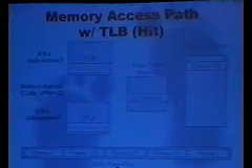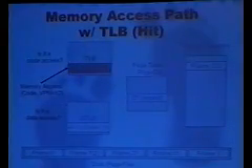So this is just a little animation that shows the memory access path with a TLB. And I show the split memory access path like the Intel architecture has. So basically, the memory access occurs. Well, in this case, that's going to be a code access. We have virtual page number of 12. So we go out to the ITLB. The ITLB is searched.